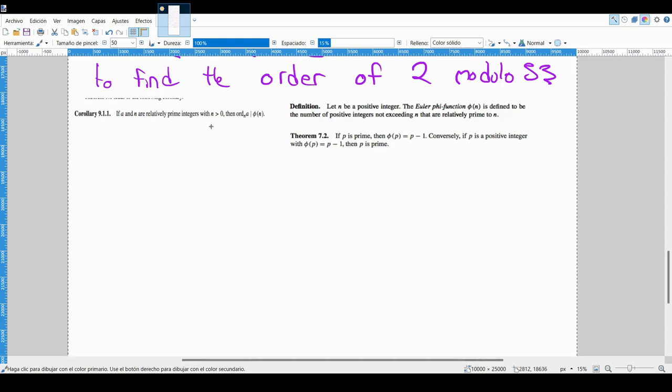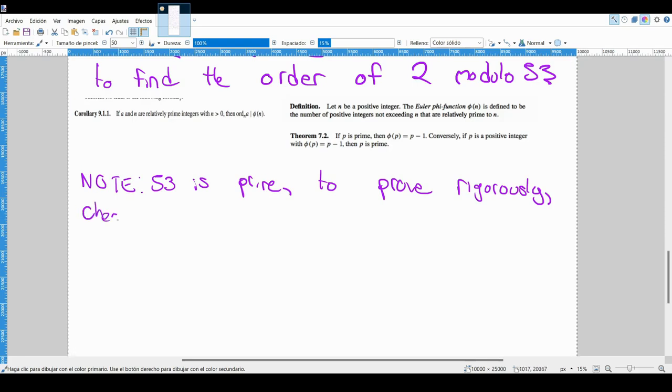So to continue, I've obtained some identities from Elementary Number Theory by Kenneth Rosen. We know that if p is prime, then its Euler phi is going to be p minus 1. We can note 53 is prime. To prove it rigorously, check if any prime less than or equal to root 53 divides it.